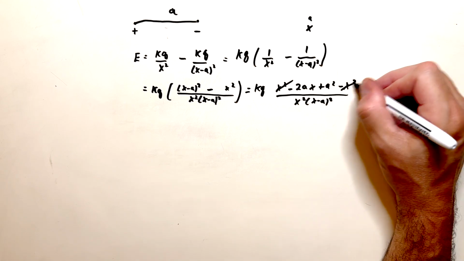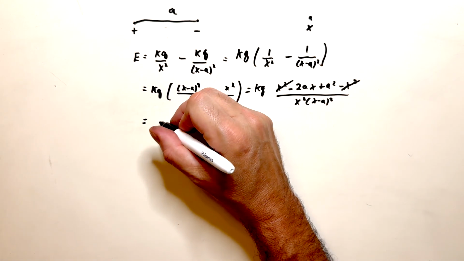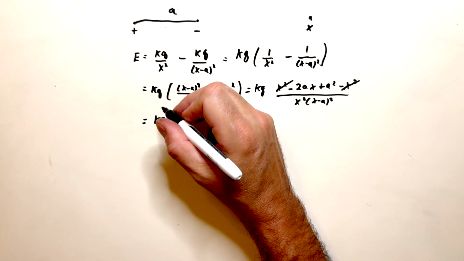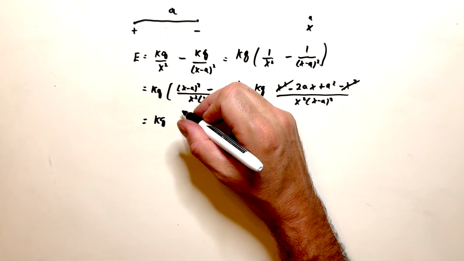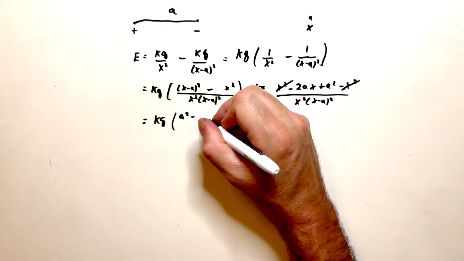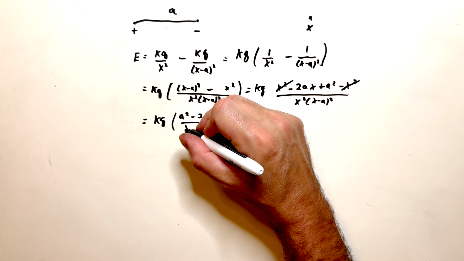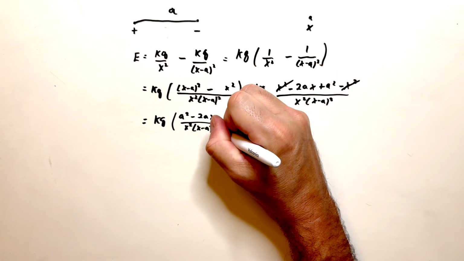So the x squareds will cancel. That leaves me with kq times a squared minus 2ax divided by x squared times x minus a squared.